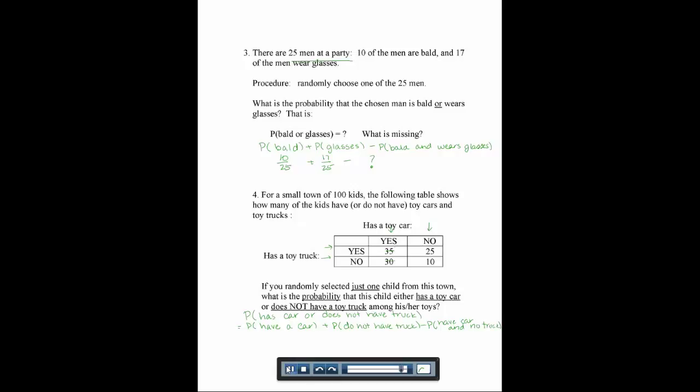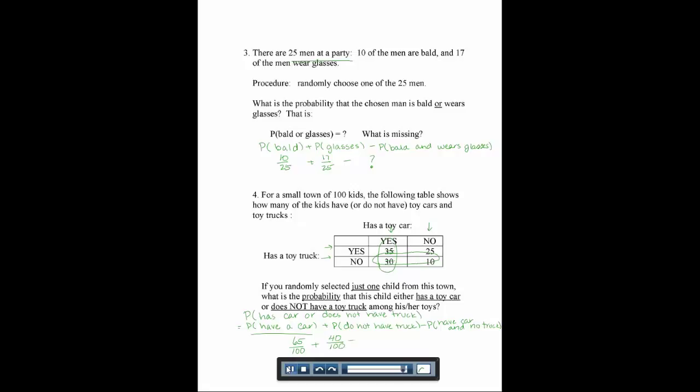So out of the 100 kids, we can figure out how many of them have a car. That's the first part. So we look at this first column. Those are the ones that have a car. So 35 plus 30, or 65 out of 100 of them have a toy car. Now the ones that do not have a truck, that's the no for the trucks. So that's the 30 plus the 10, so we'd get 40 out of 100.